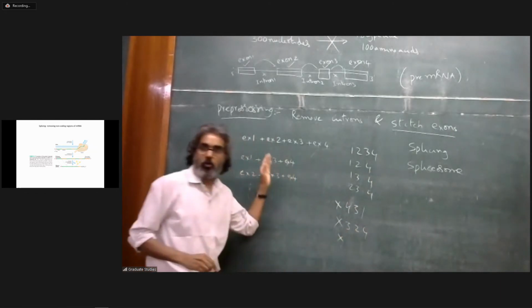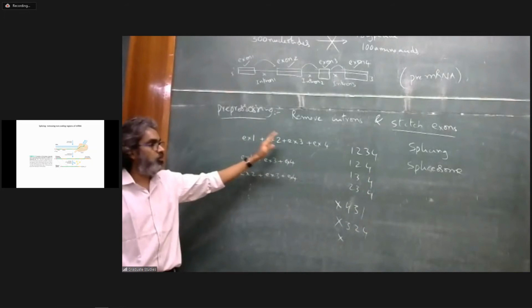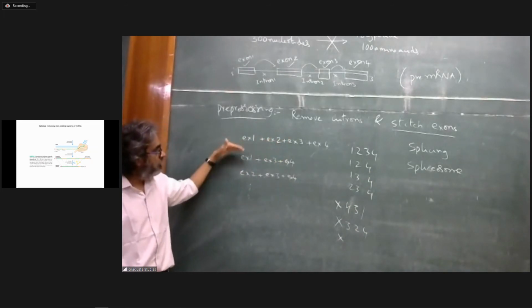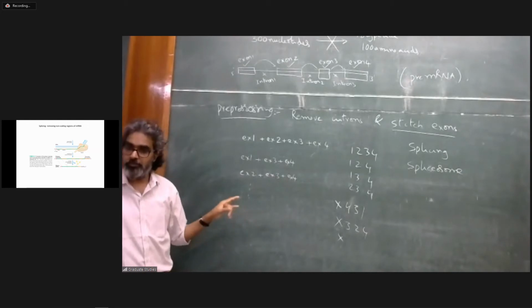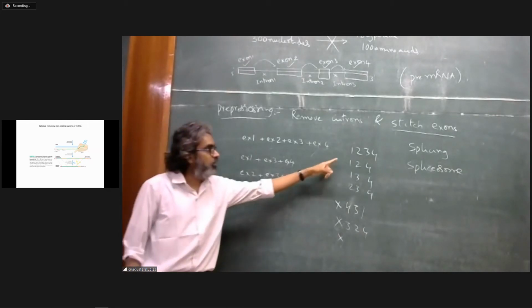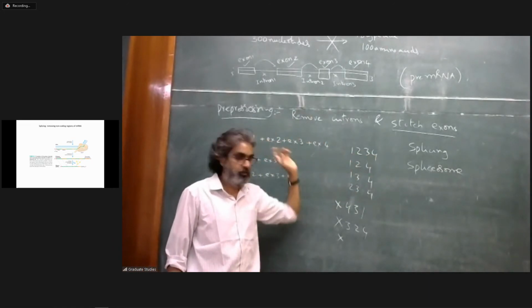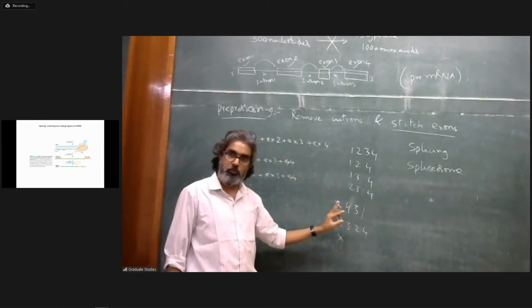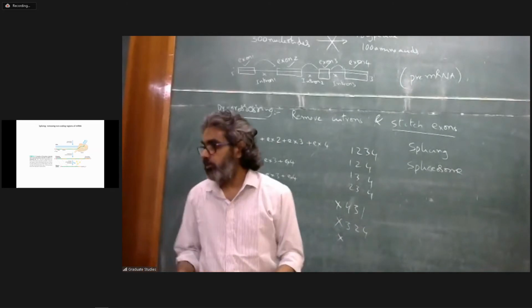So you see that order is actually maintained. The exons' order is maintained, though you eliminate some in between. That's important, how they actually stitch together. They always have this sequence, but you never reverse the occurrence of exons.